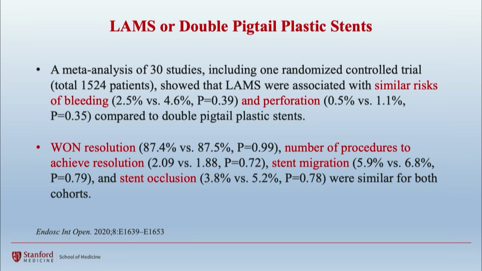So why is everybody using a lumen-opposing metal stent to gain access to the fluid collection and perform the intervention to clear the necrosum? The reason is that most of these studies used the old type of lumen-opposing metal stent, which didn't have electro-enhanced activity that allows quick entrance into the cavity.